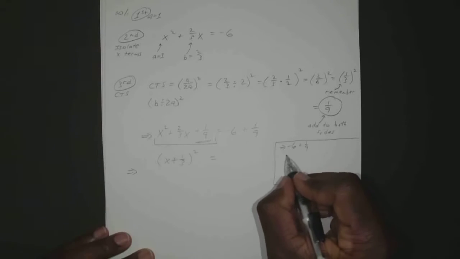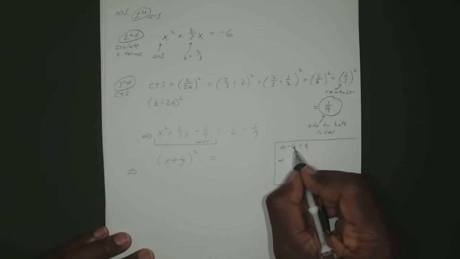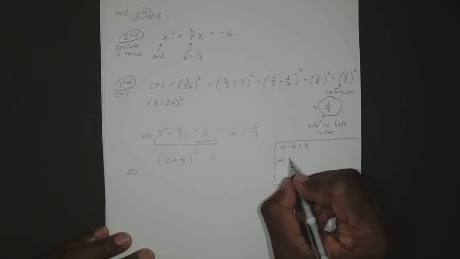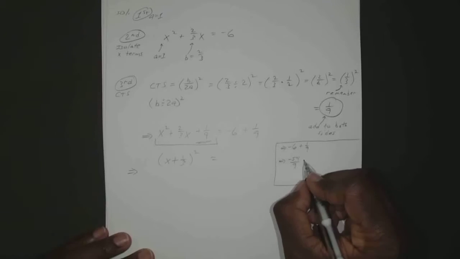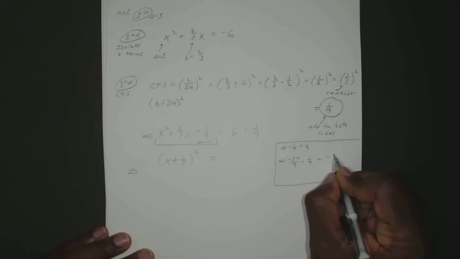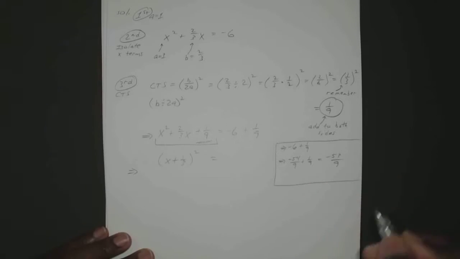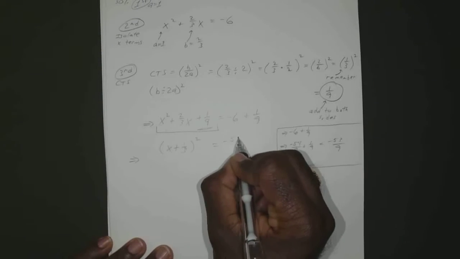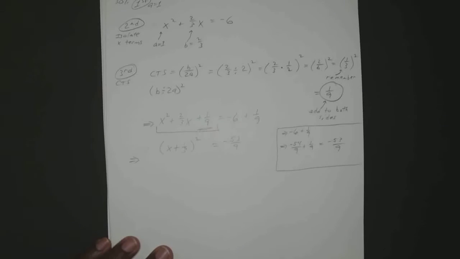If we want to have our like denominators, we can make that, instead of negative 6, make that negative 54 over 9, which is still equal to negative 6, plus 1 over 9, which is negative 53 over 9. Okay, so we have negative 53 over 9.